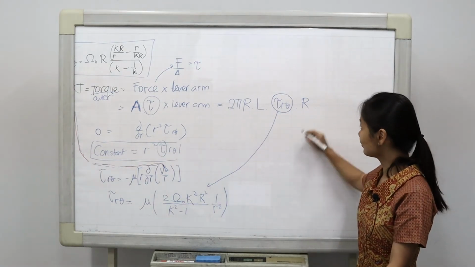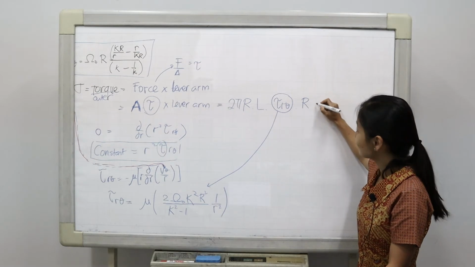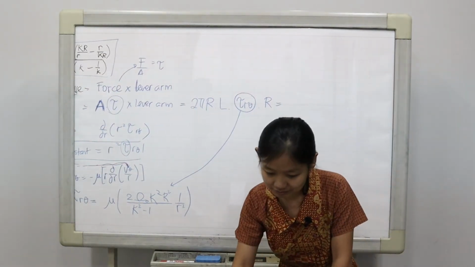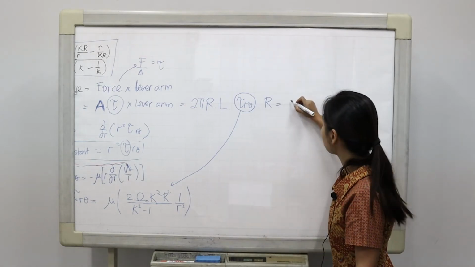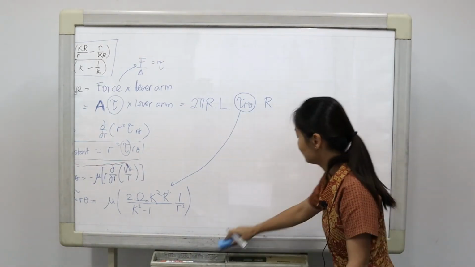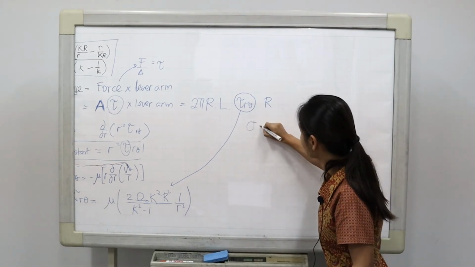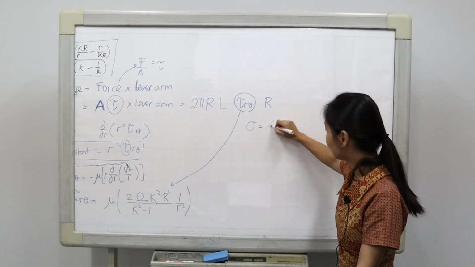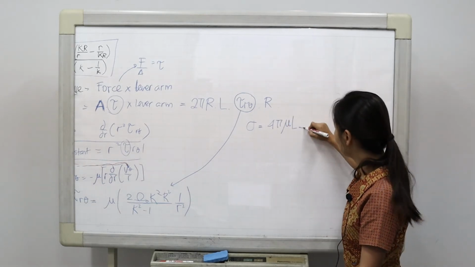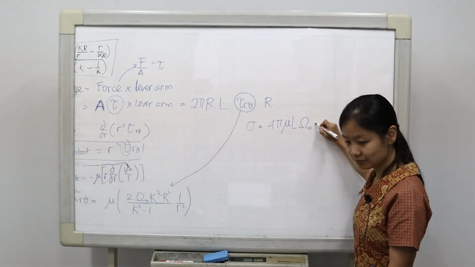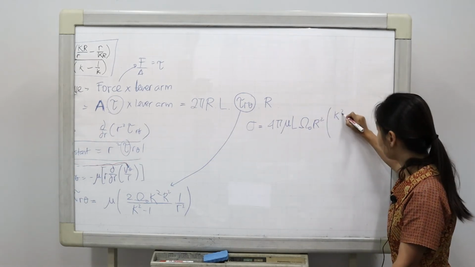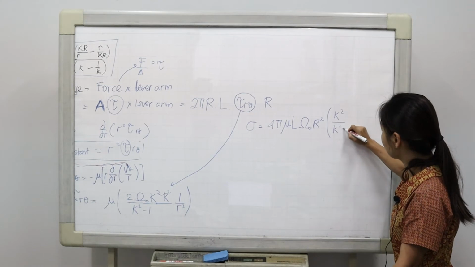So at the end, what we will have, torque is 4 π mu L omega 0 R square over square minus 1.